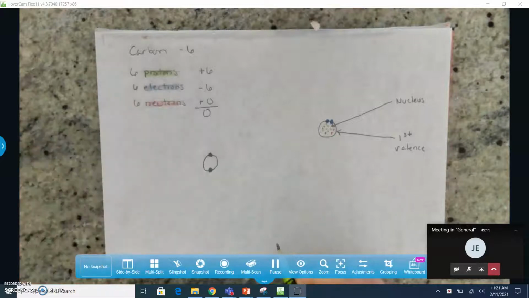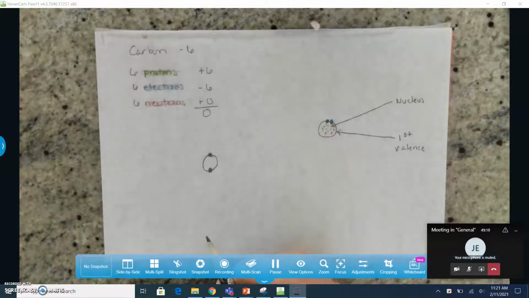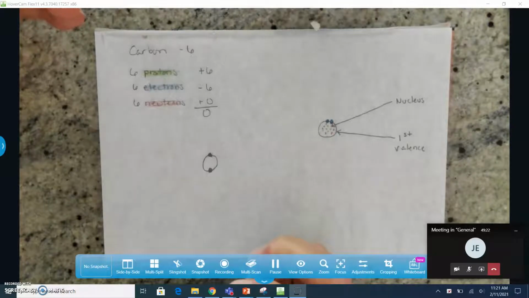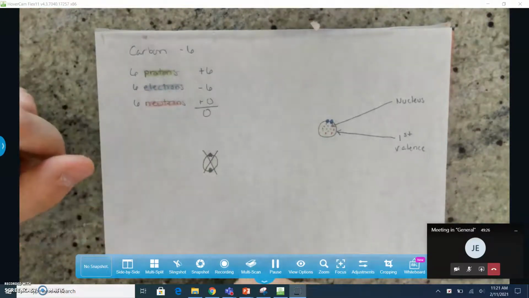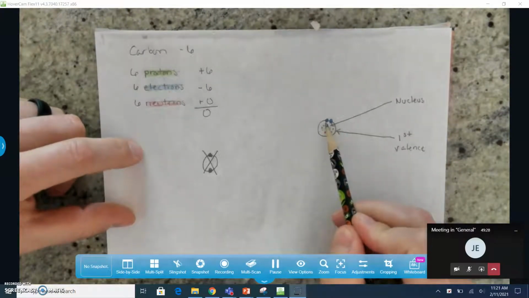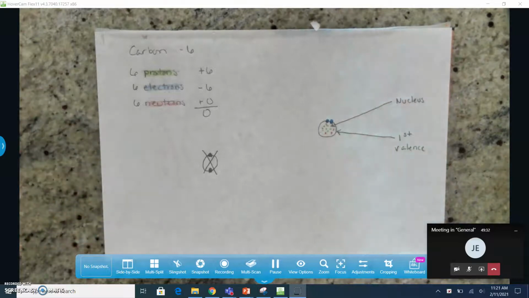That's not wrong, because there are 2 and the shell is filled. However, for what we're going to be looking at moving forward, I do not encourage that you space them out. Electrons like to have buddies. Remember that. We'll look at that, and that can become significant with bonding.